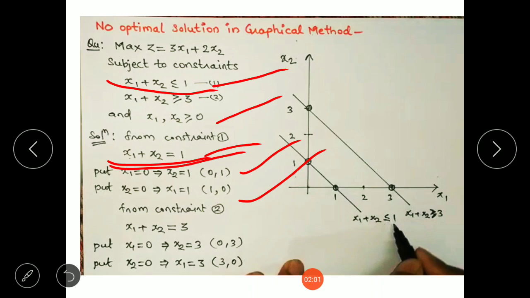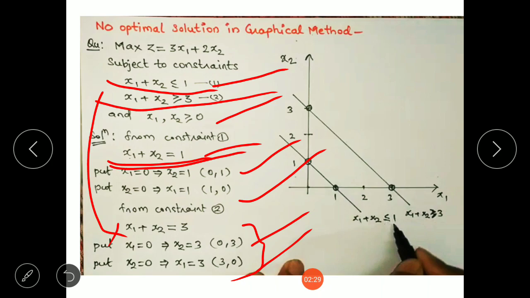Similarly, we'll convert the inequality constraint x1 plus x2 greater than or equal to 3 into equation form, that is x1 plus x2 equal to 3. Now we'll put x1 equal to 0 and find x2, and put x2 equal to 0 and find x1. So after putting these, we found the points (0, 3) and (3, 0) for the equation x1 plus x2 equal to 3.